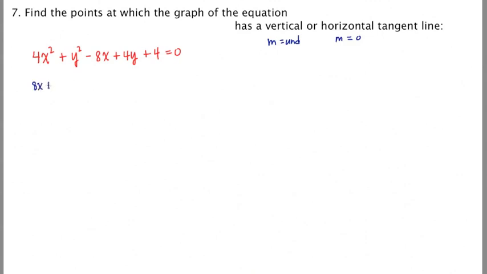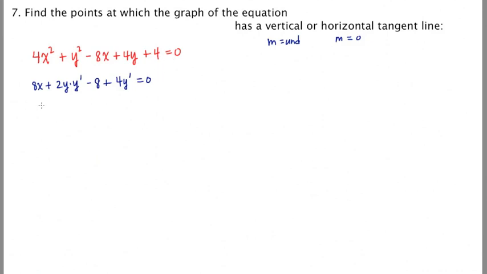8x plus 2y y prime minus 8 plus 4y prime equals 0. These are both constants and the derivatives are 0.